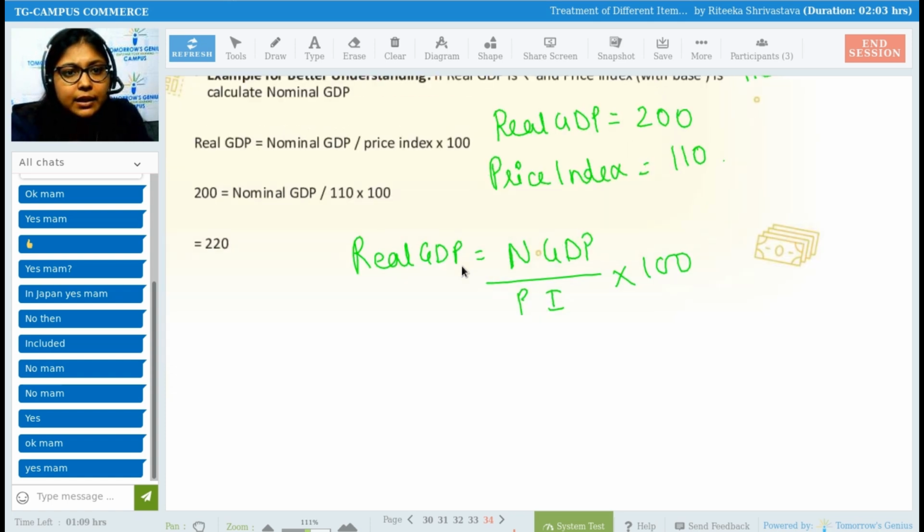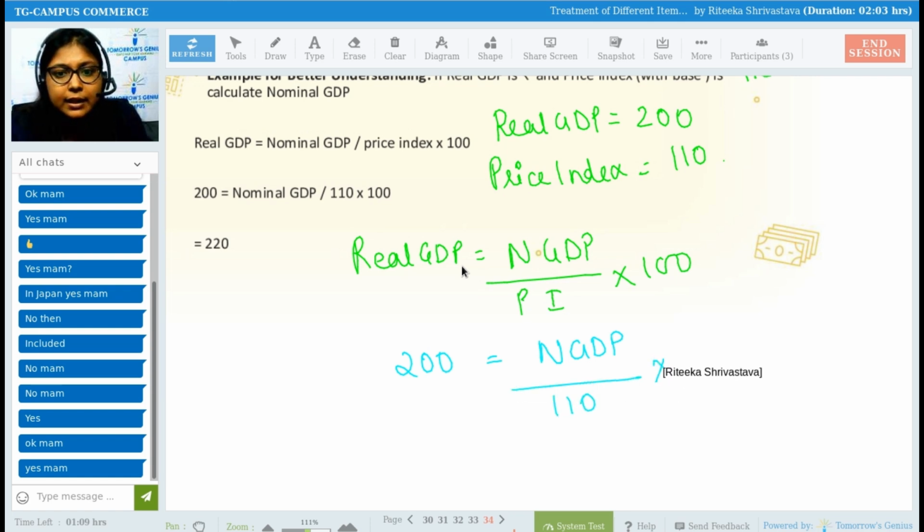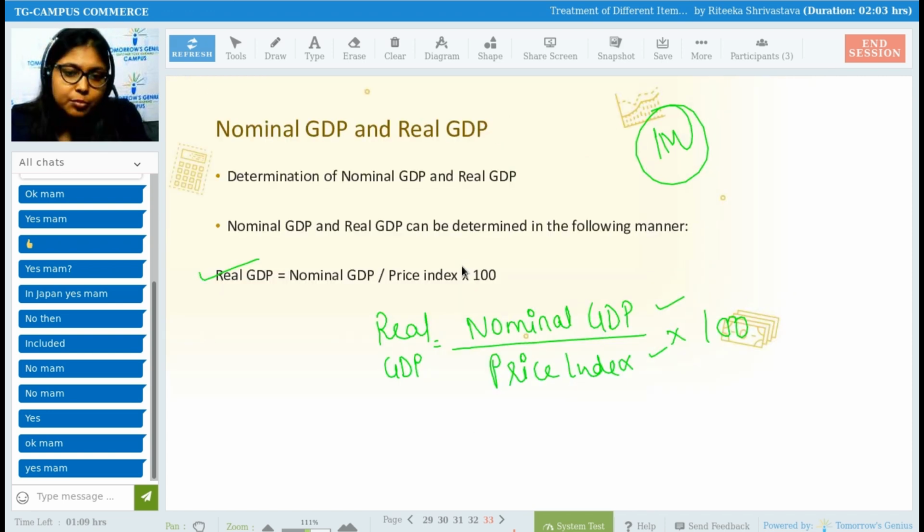Now we have real GDP and we have price index. So real GDP 200 is equal to nominal GDP upon price index 110, into 100. We can easily find out nominal GDP. This calculation can be done easily. Only that much you have to do. So this is the formula.